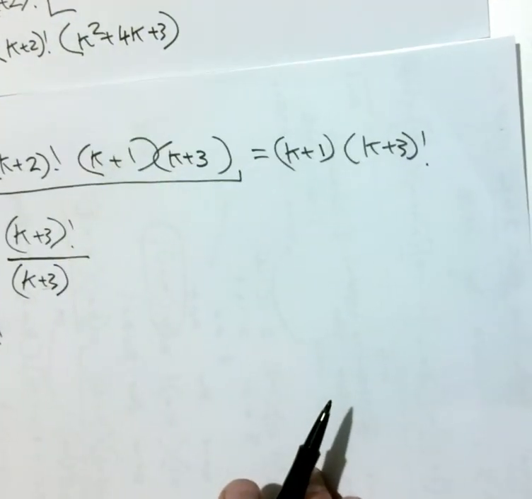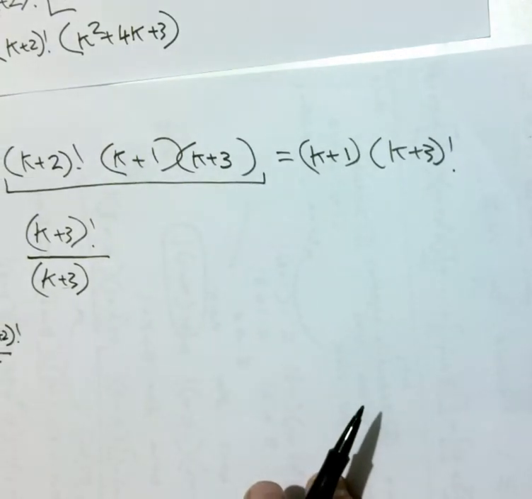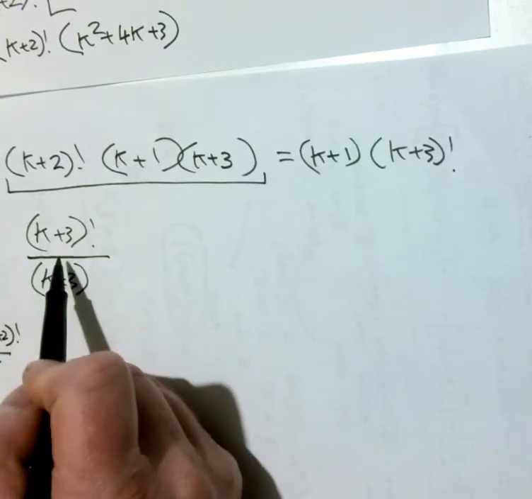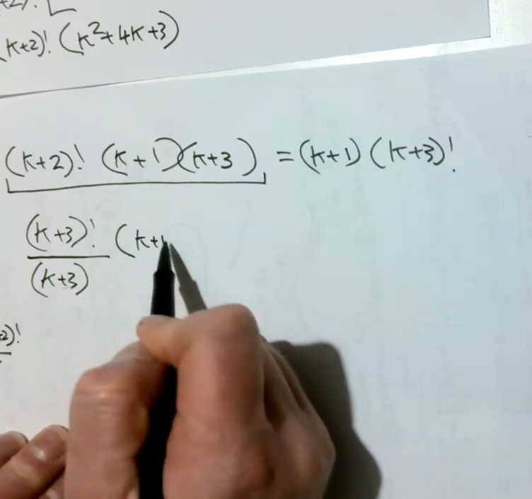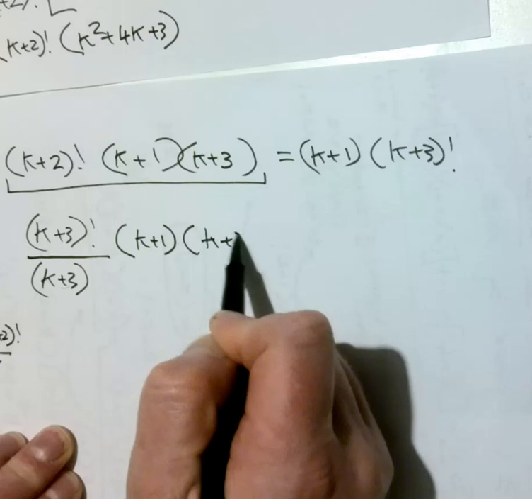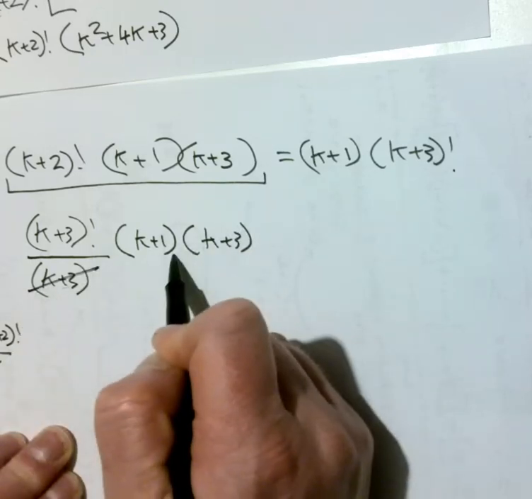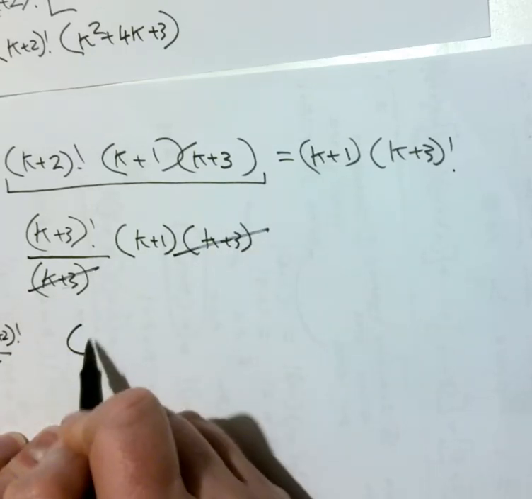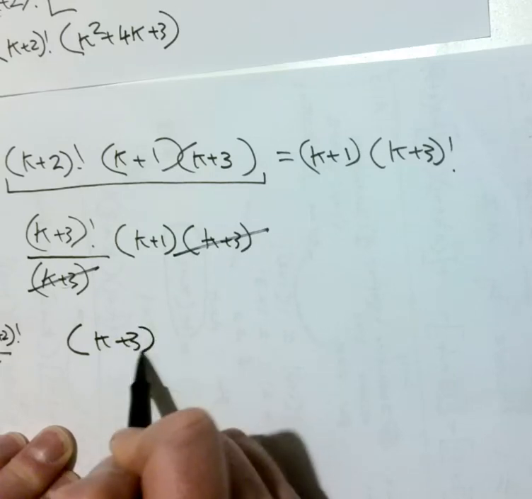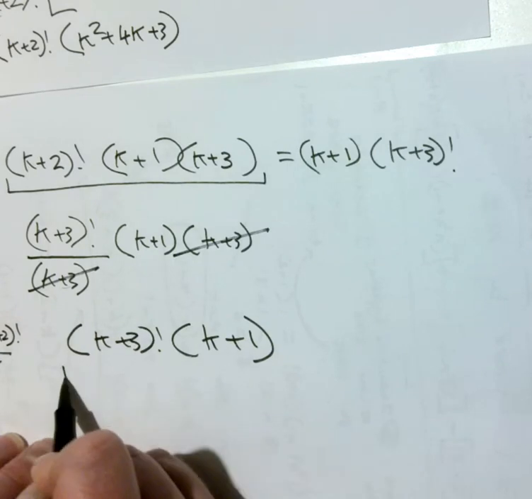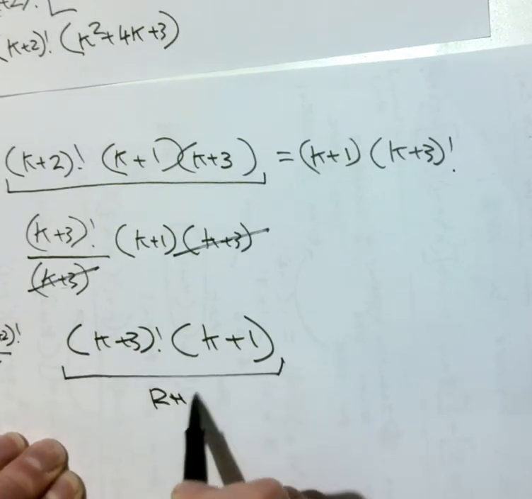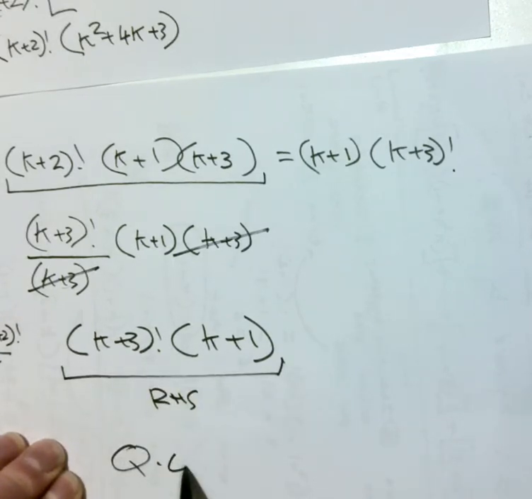So we have k plus 3 factorial multiplied by k plus 1, k plus 3 factorial. That goes, and we are left with k plus 3 factorial, k plus 1 factorial, which is the right hand side. Quod erat demonstrandum. Voila.